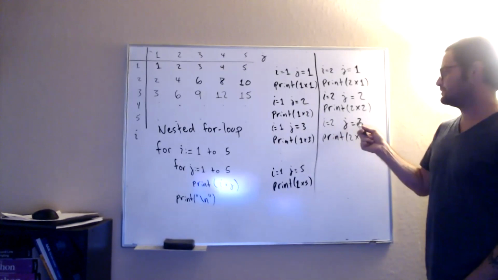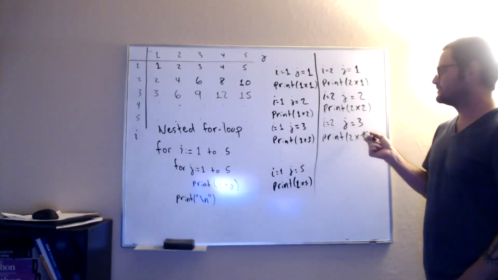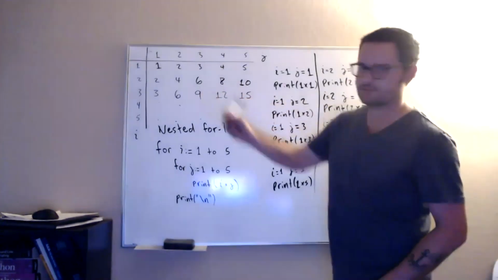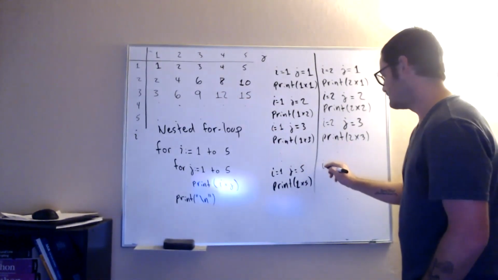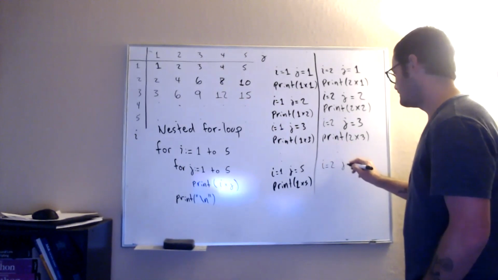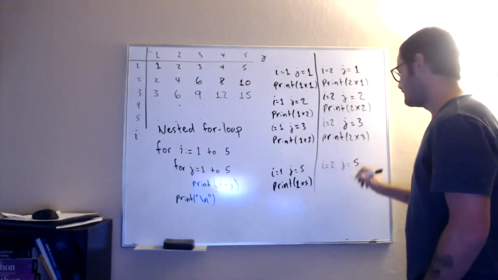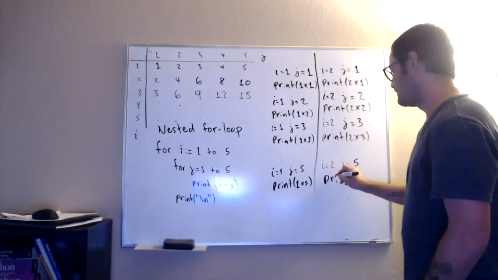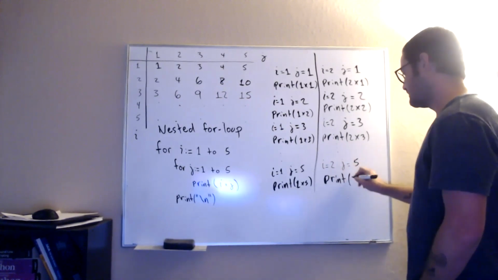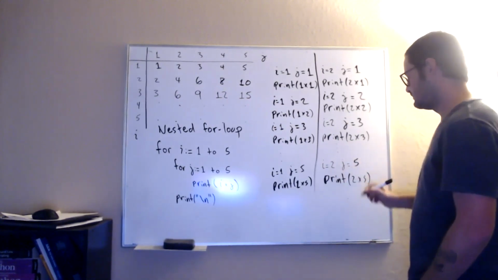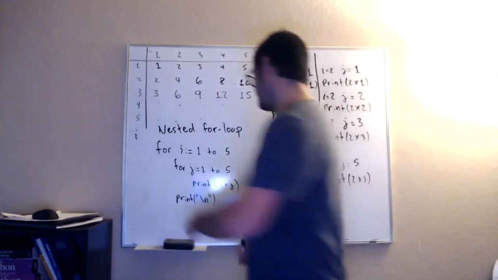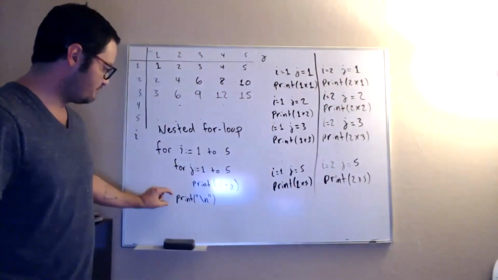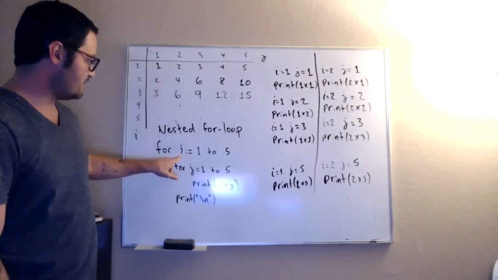So I is 2, J is 3, so I times J is 2 times 3, which will give us that 6 right there. And we do this up until we get to I is equal to 2, and then J is equal to 5. And then we finally print out I times J, or just 2 times 5, which will give us that 10.